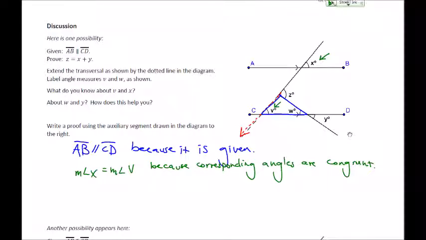Next, we have to look at other things that are in this proof that we can use. And the next thing that I notice is that angle W and angle Y are vertical angles. And previously in this video, we proved that vertical angles must be congruent. So I can say that the measure of angle W is equal to the measure of angle Y because vertical angles are congruent.